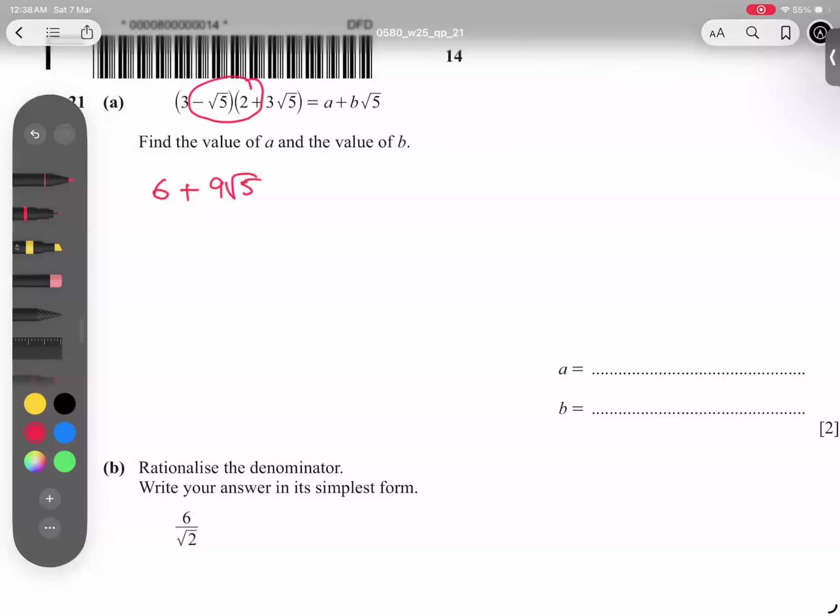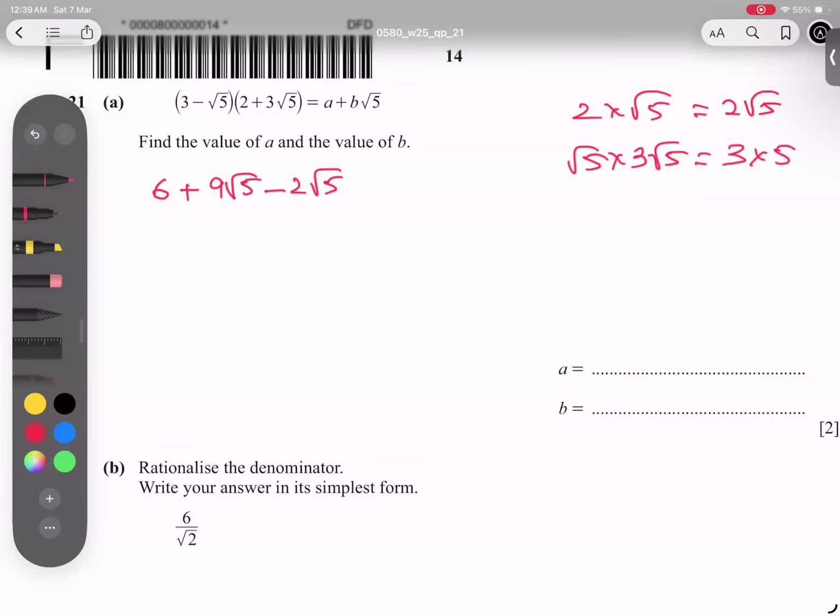What about these two numbers? This 2, positive, negative, negative. There is no number outside, so when 2 multiplies with root 5, we can write together like this: 2 root 5. An interesting part: when root 5 multiplies with 3 root 5, 3 as it is, and root 5 times root 5 gives you 5.